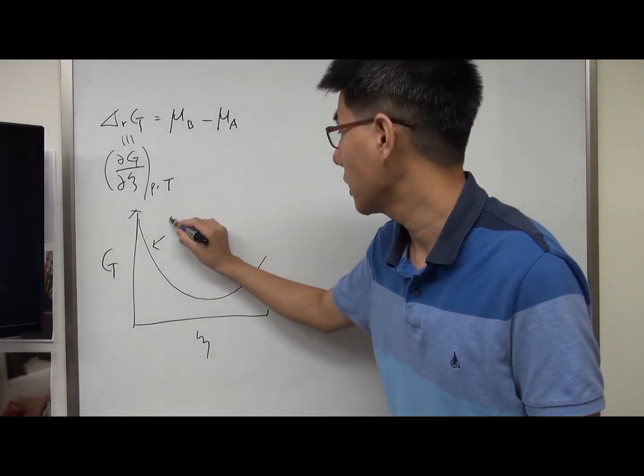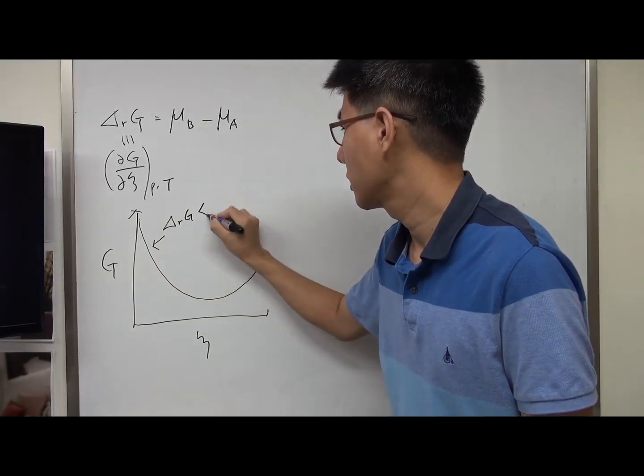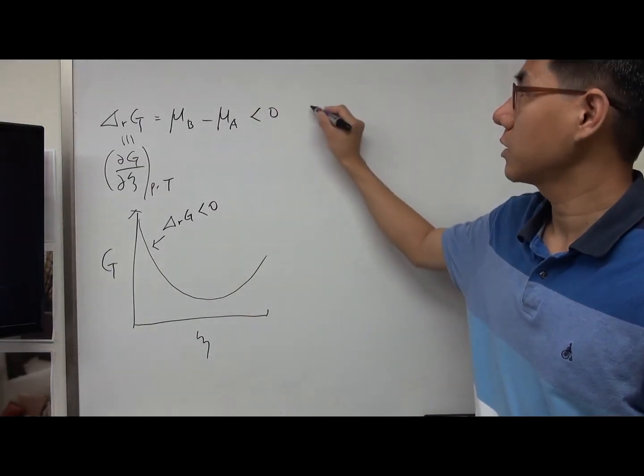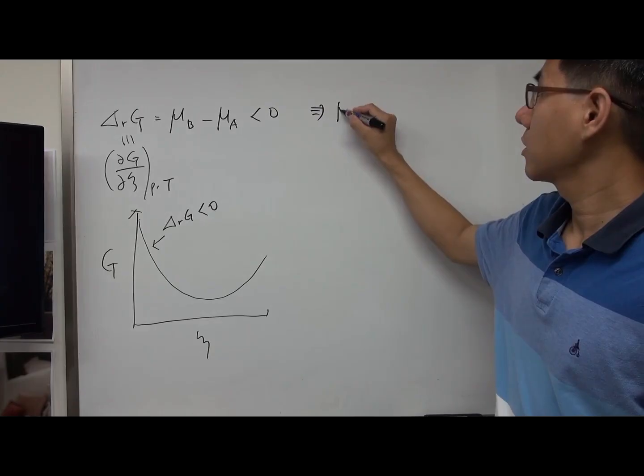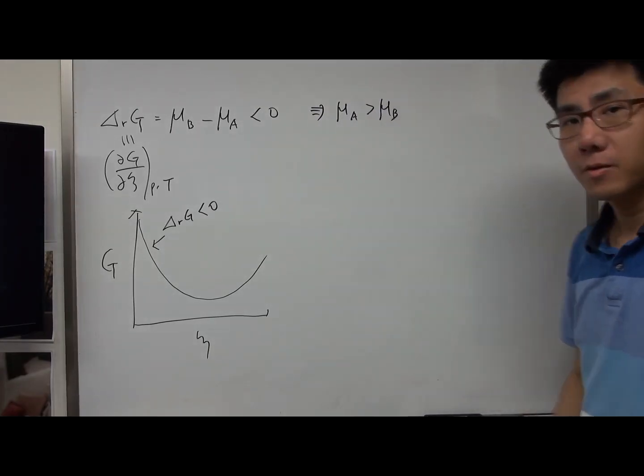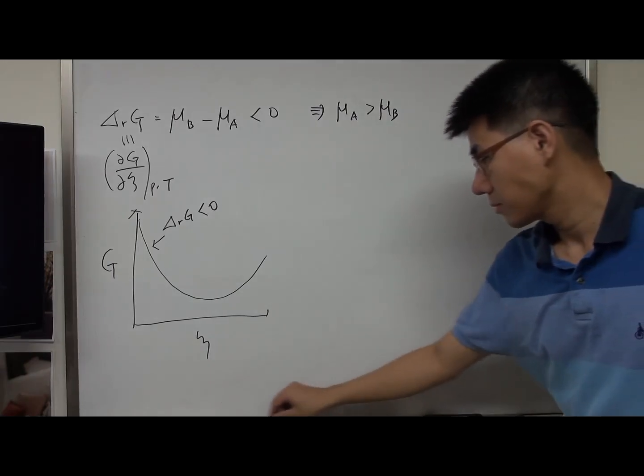Which is negative. Okay? If this is negative, then mu A is larger than mu B.